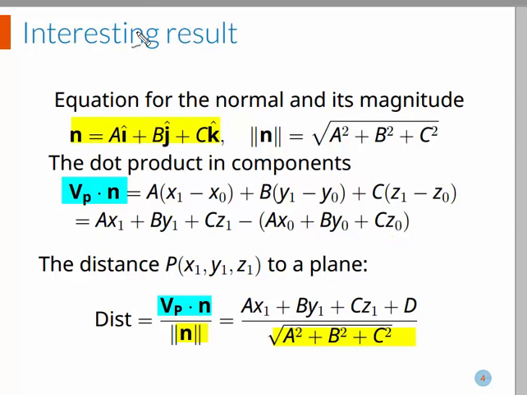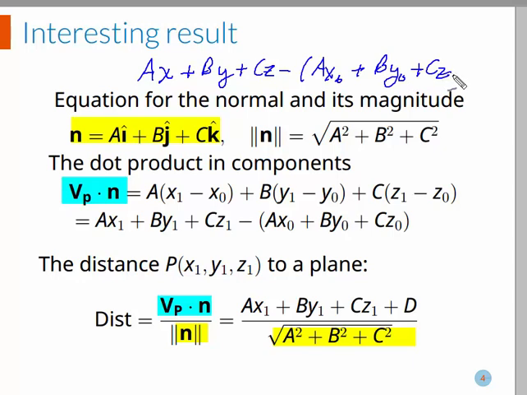Now let's recall the equation for a plane. It looked like this: a times x plus b times y plus c times z minus, and there's usually a d here, but the terms were a x naught plus b y naught plus c z naught, equals 0.